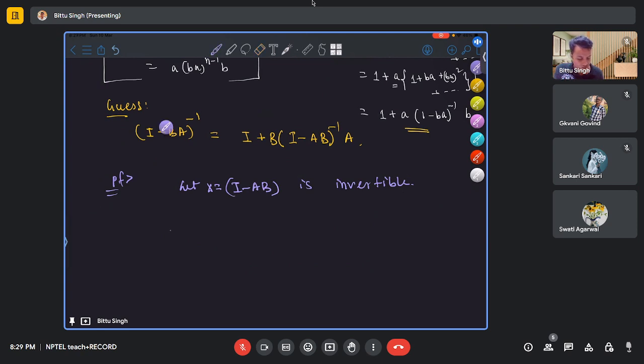So the idea is to multiply I minus BA with its inverse. Okay, so our guess was I plus B times (I minus AB) inverse times A. We need to prove that this is identity. Then it will be done. Right?